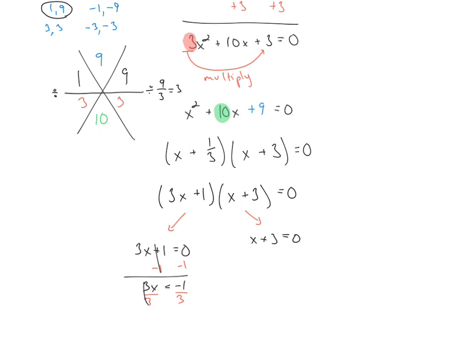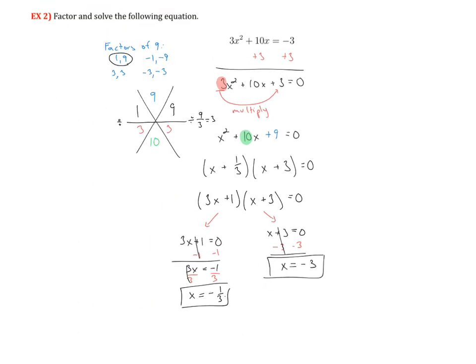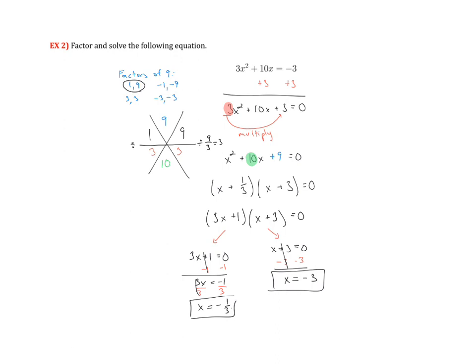And so for my answer on the left factor, we get x is equal to -1/3. For the other factor, we're going to subtract 3 on both sides, and we are just left with x is equal to -3. All right, and that is how you use the x method to factor and solve when your a value is not equal to 1.